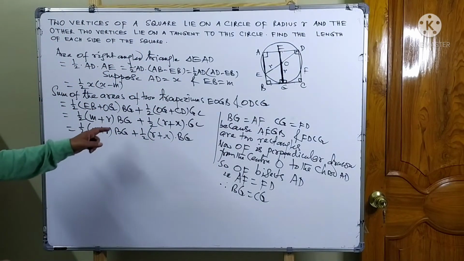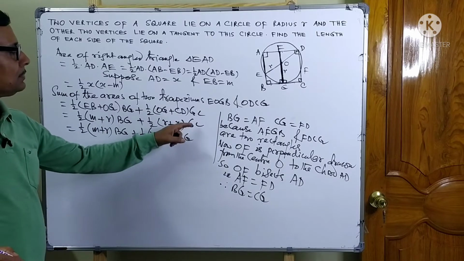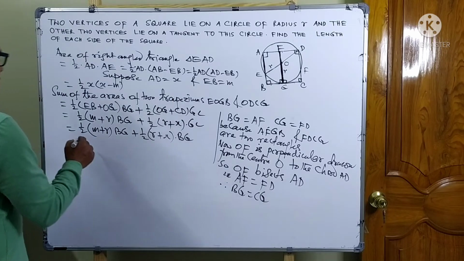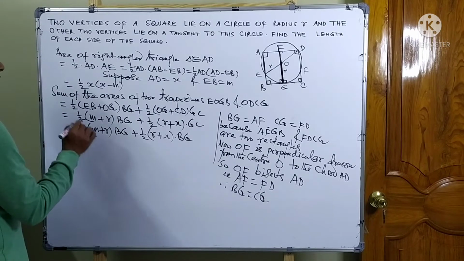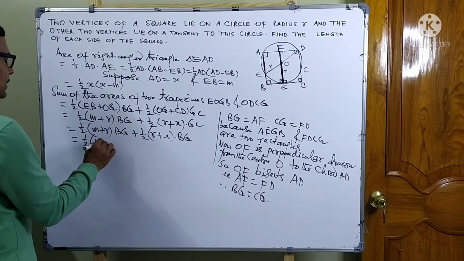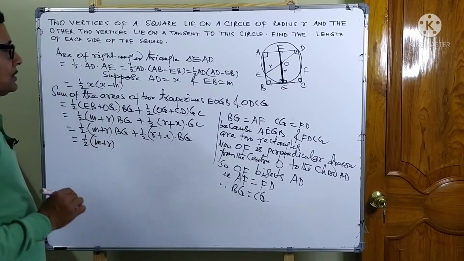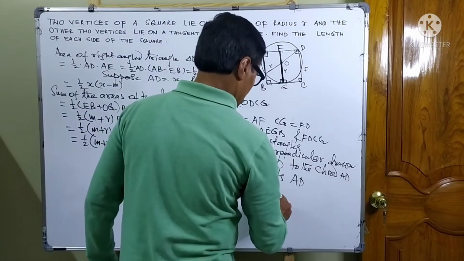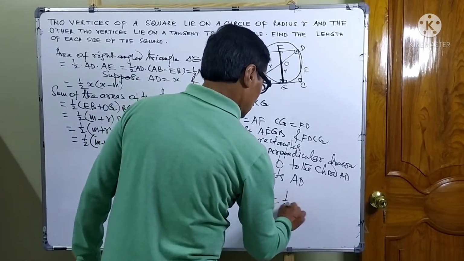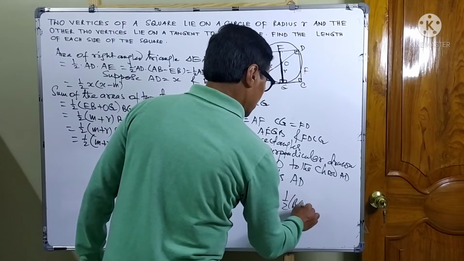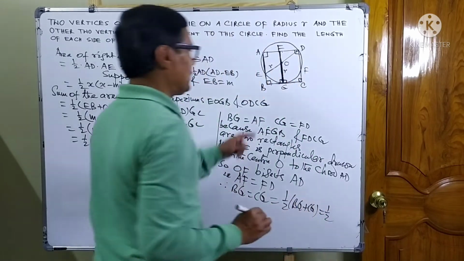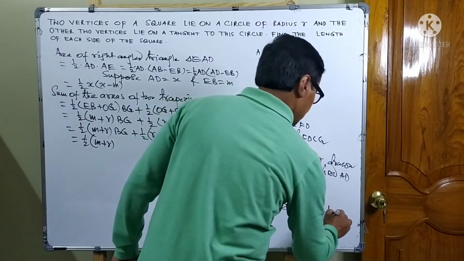So we can write BG in place of GC, because BG equal to CG. Now, this is equal to half of M plus R. Also these are equal to half of BG plus CG, that is half of BC.